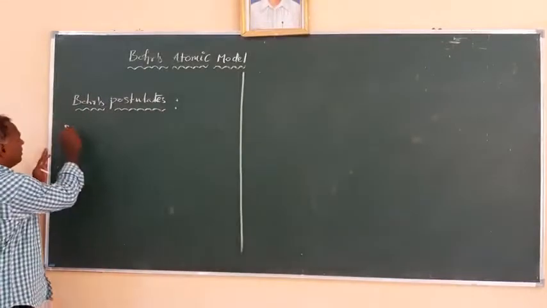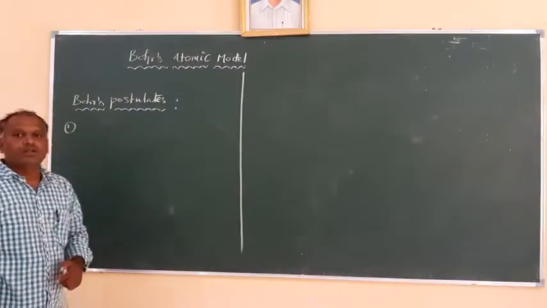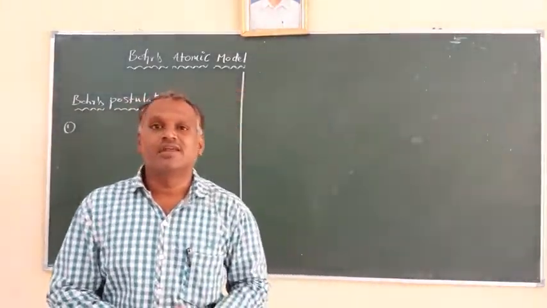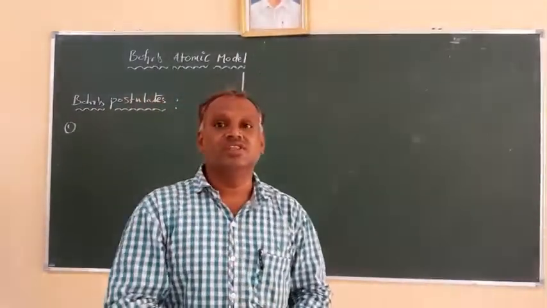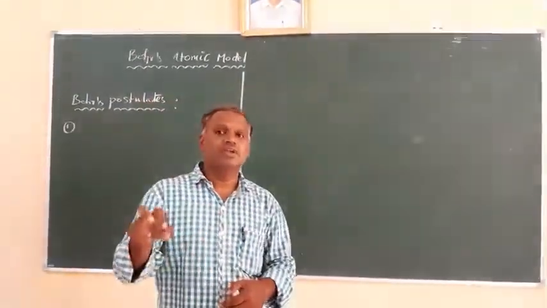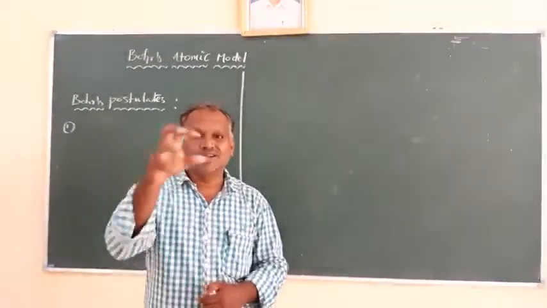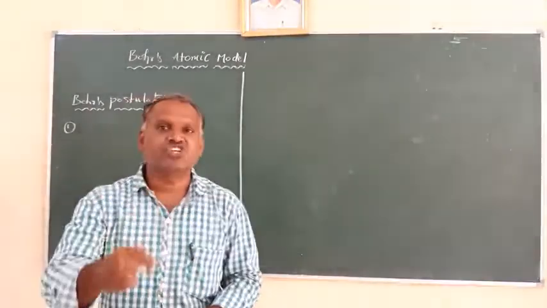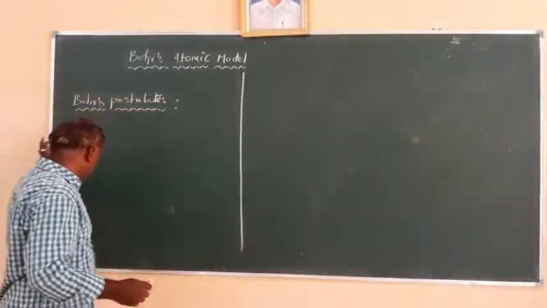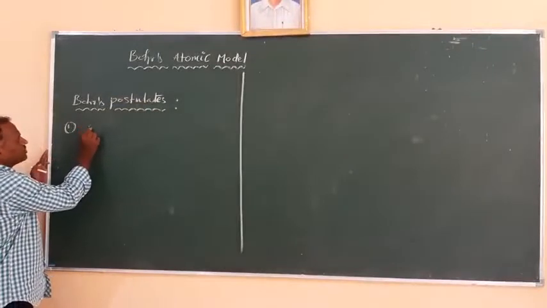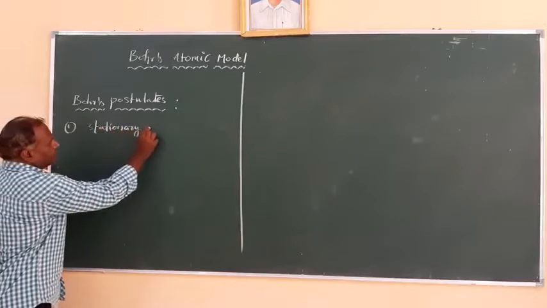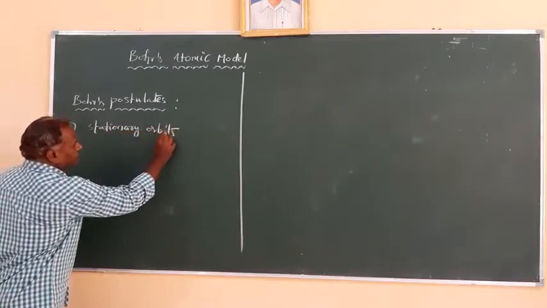The first one: whenever electrons revolve around the nucleus, they do not lose their energy. They are not radiating their energy. They are just revolving without radiating, and we call those orbital paths stationary orbits.